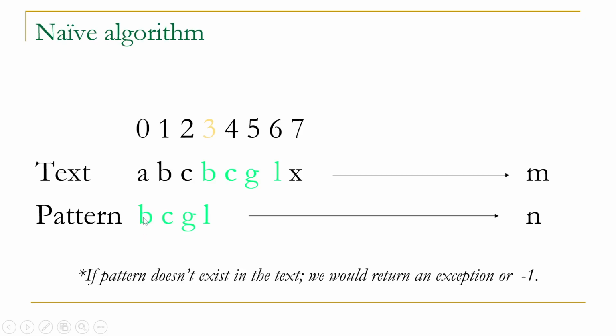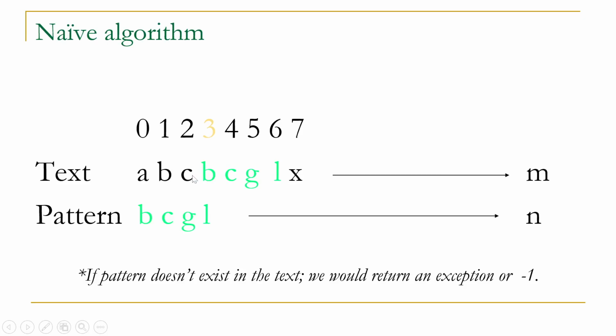Again we have to start from the beginning of the pattern, where it is b, and we check whether it is matched or mismatched. Here b and c is mismatched, and then we increase the text index, where we find b, and b is matched.